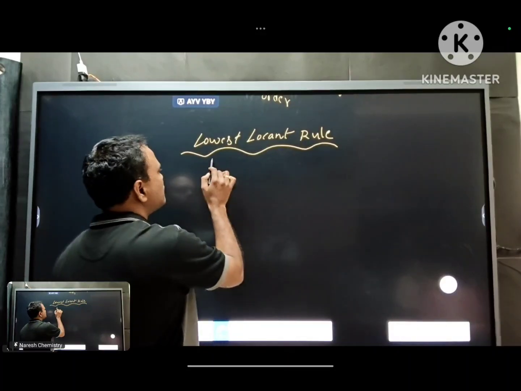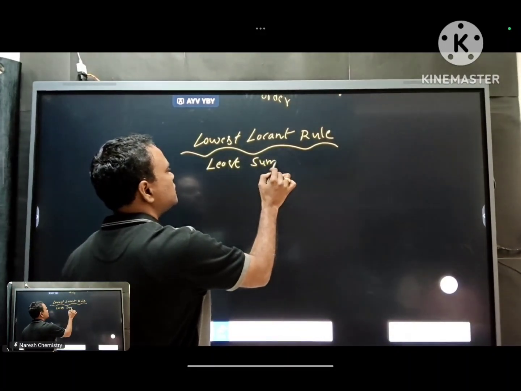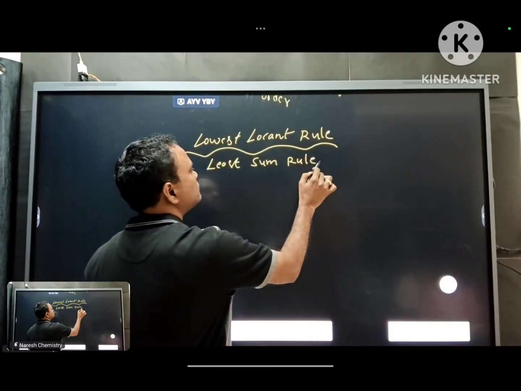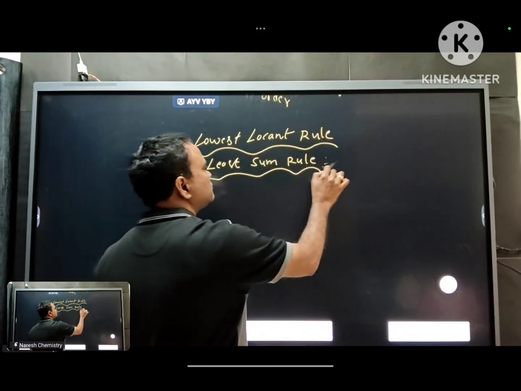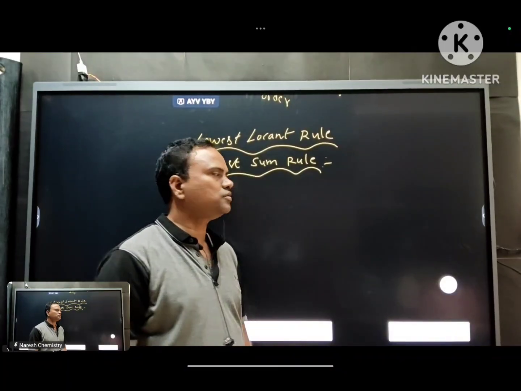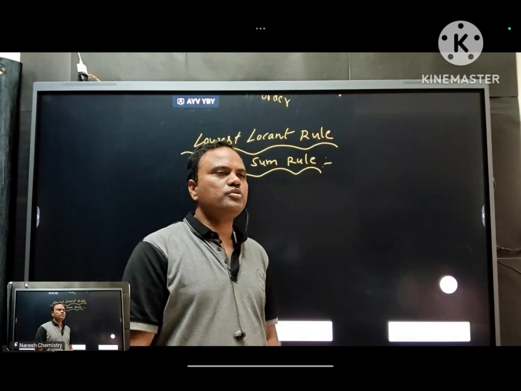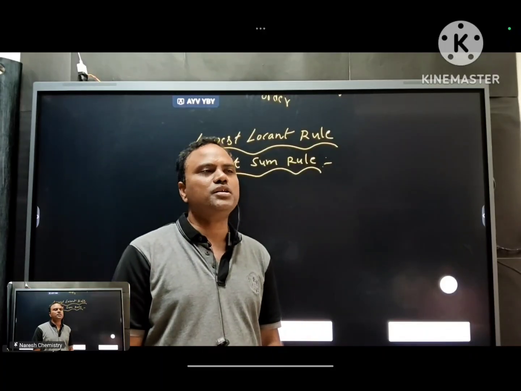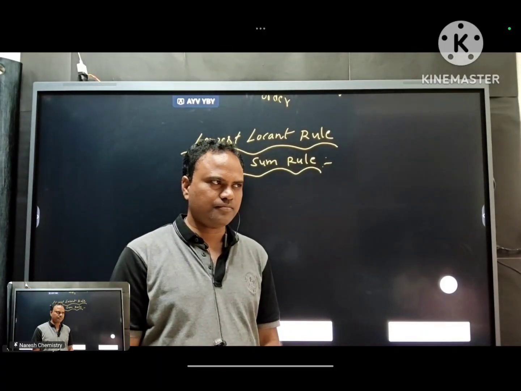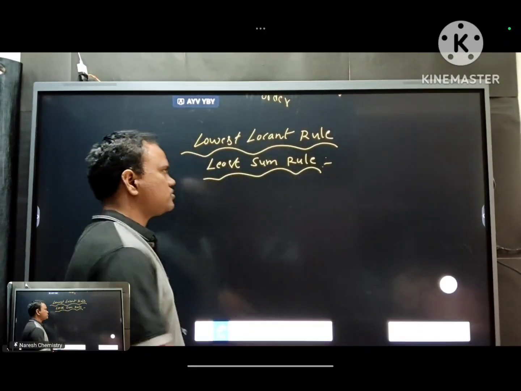Lowest locant rule is also called the least sum rule. When we have more than two substituents at unequal distances, unequal positions, then we follow the least sum rule or lowest locant rule.